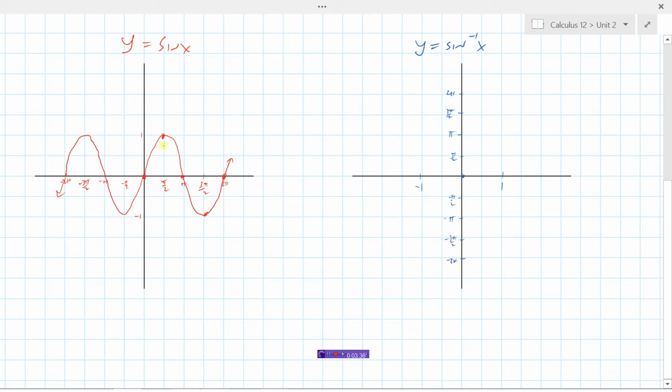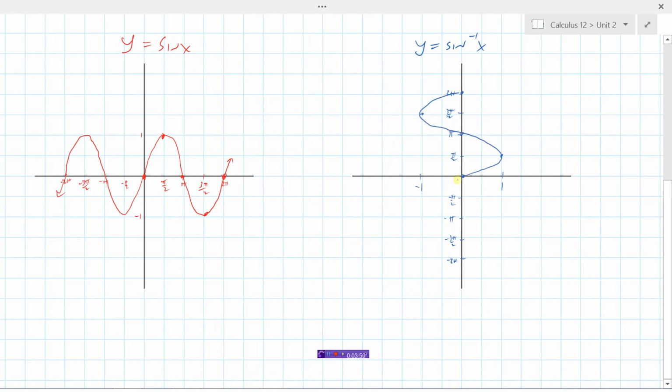So pi over 2, 1 becomes 1, pi over 2. Pi, 0 becomes 0, pi. 3 pi over 2, negative 1 becomes negative 1, 3 pi over 2. And 2 pi, 0 becomes 0, 2 pi. And so we have a graph like this.